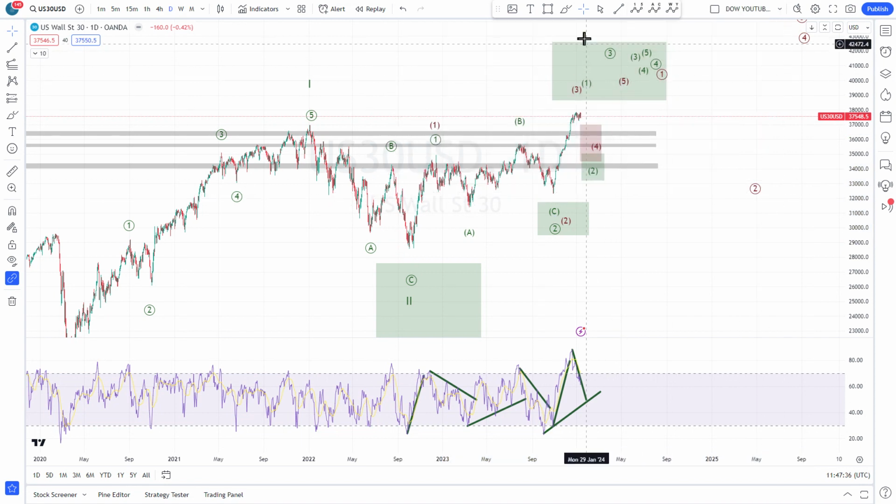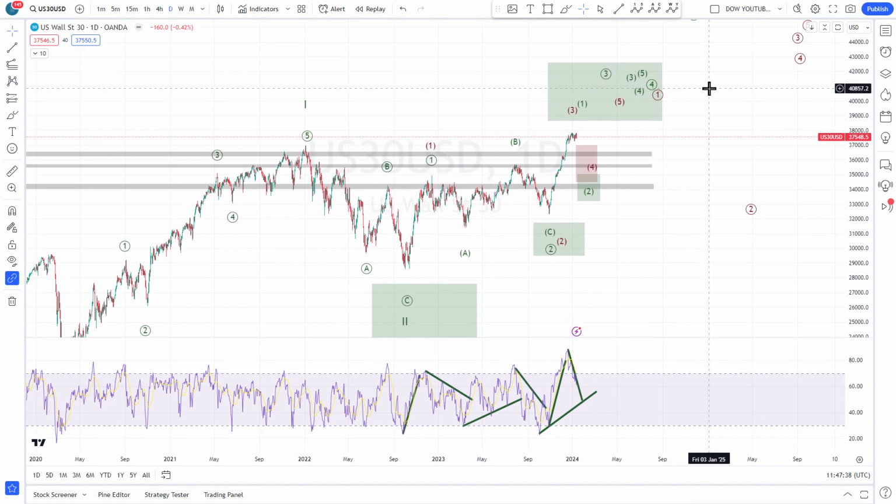Now, this is a wave 3 target, but wave 3 can always extend, just according to the Fibonacci guidelines. This would be our target, and therefore it is on the chart.